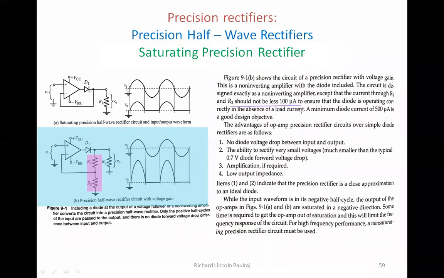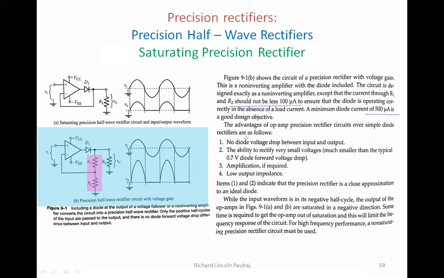To ensure the diode operates properly, we need to give it some food, in the form of current, and it should not be less than 100 microamps. A minimum diode current of 500 microamps is a good design objective. So if I keep 500 microamps in mind with respect to the diode, that becomes good.